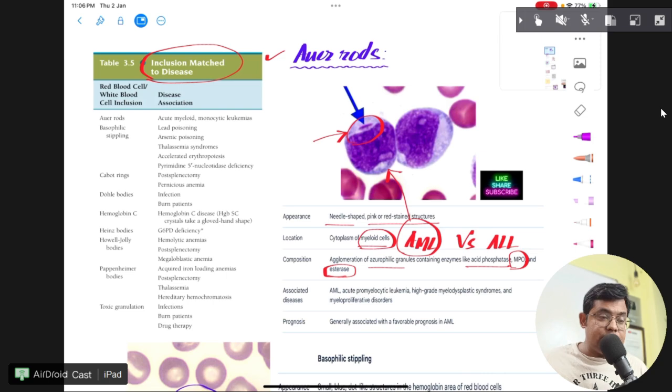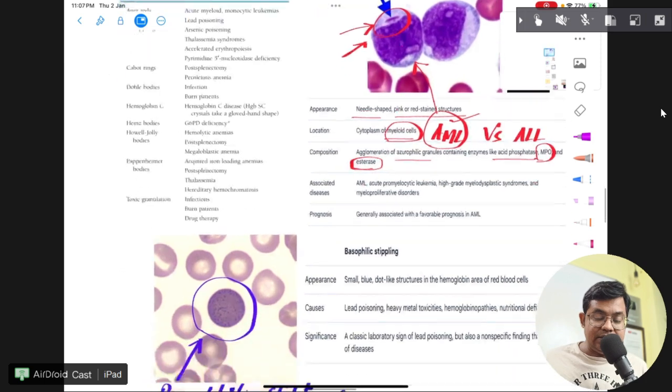So, this tiny, slender, needle-like structure is basically comprised of different enzymes, and this is a feature of acute myeloid leukemia. Now, let's come to the second inclusion.